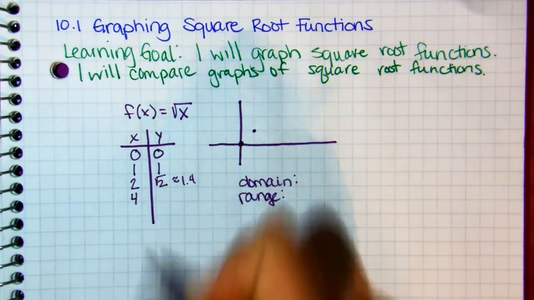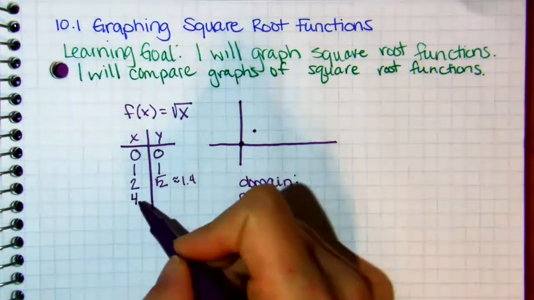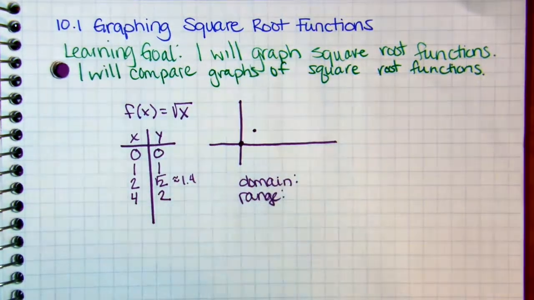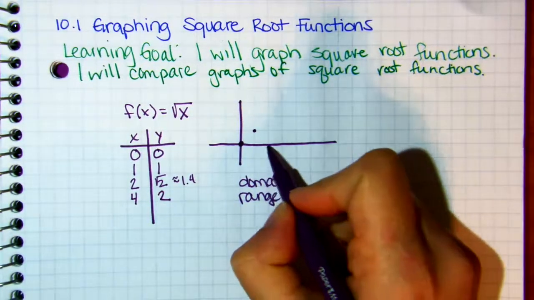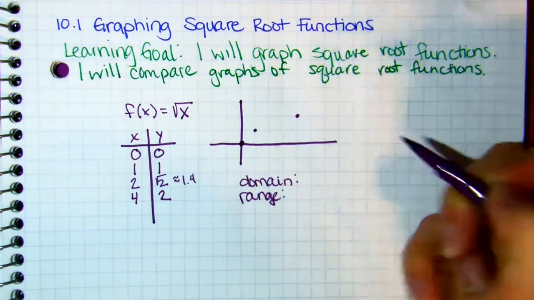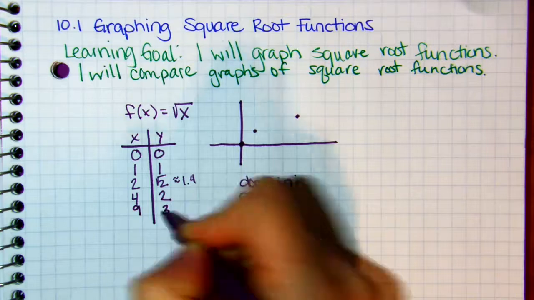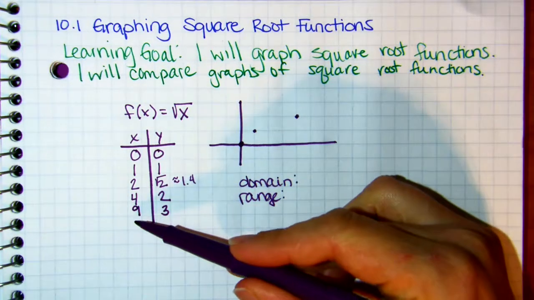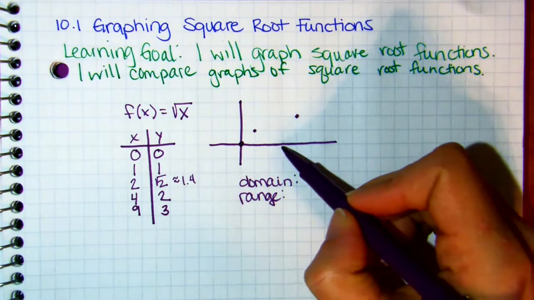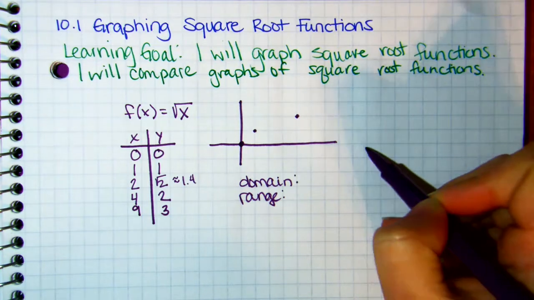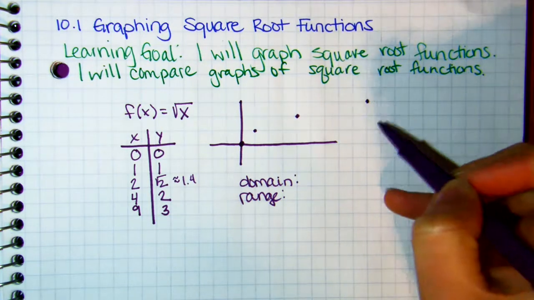When I put in 4 for my input, the square root of 4 is 2. So 1, 2, 3, 4, 2 is on my graph. And if I wanted to, I could put in 9 and I'd get out 3 because the square root of 9 is 3. 6, 7, 8, 9. So that's going to be like up here.